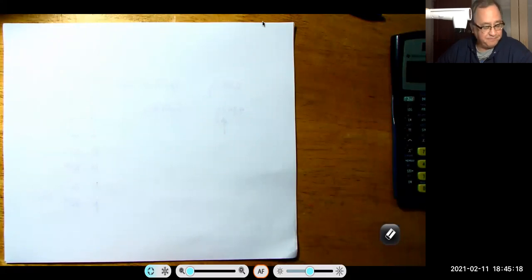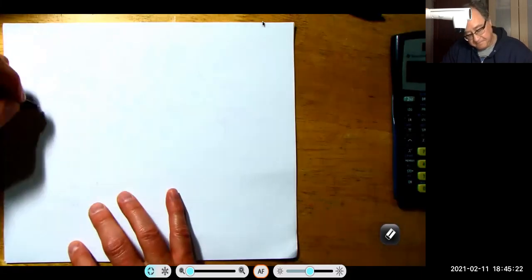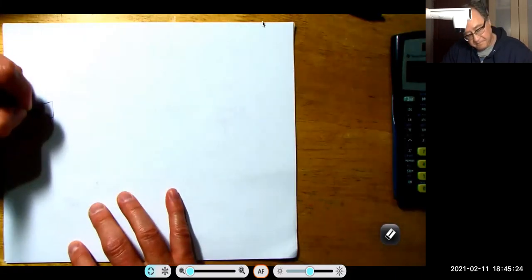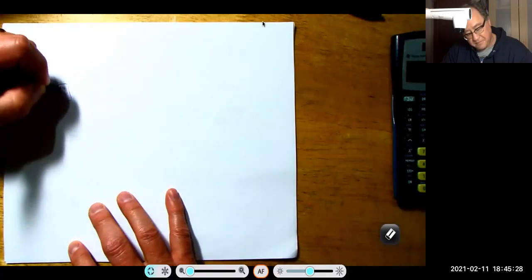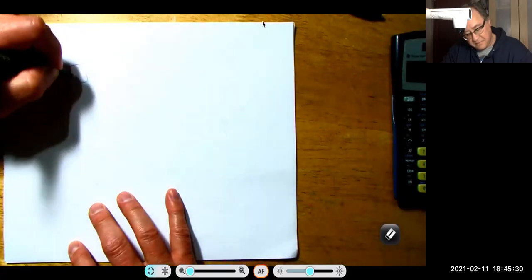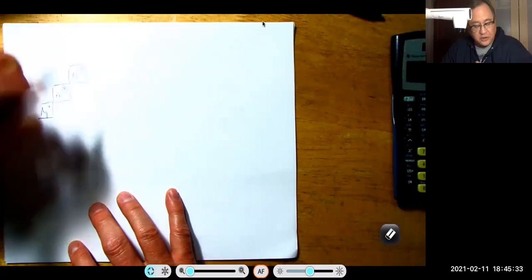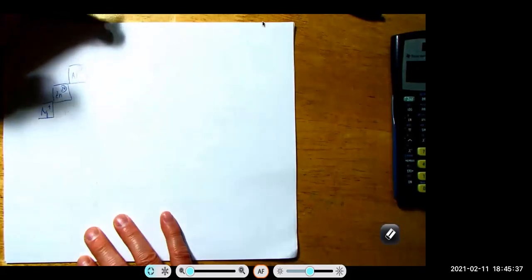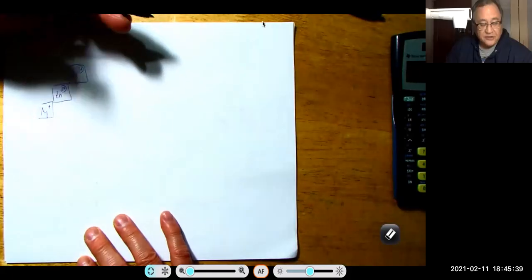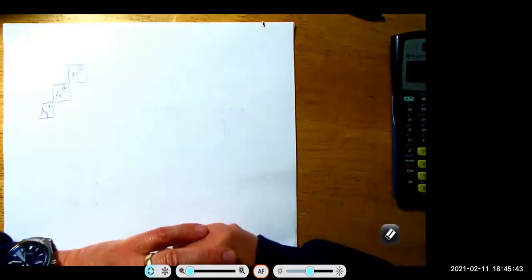Like, I might do something like this on my note card to help me remember the charge on those ions. So you see it's a little staircase, 1, 2, 3. So I might do something like that.